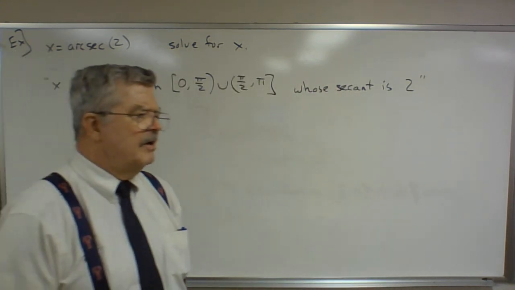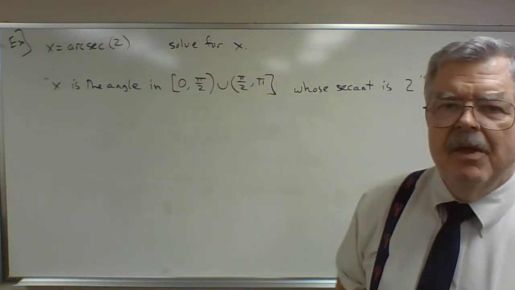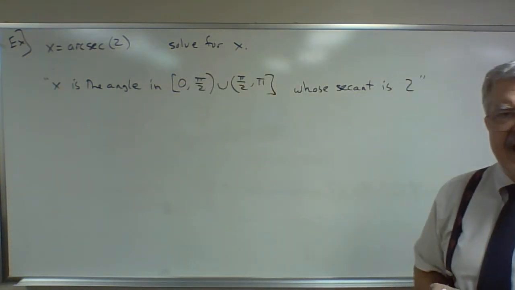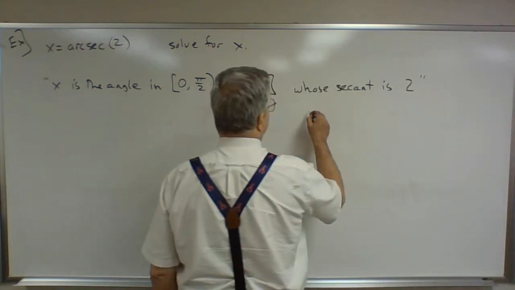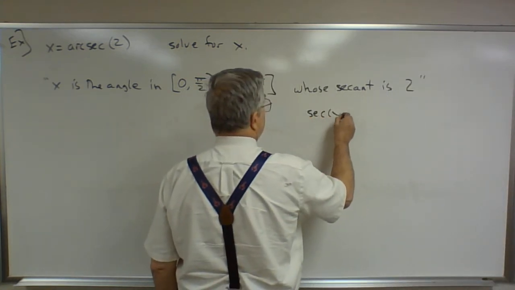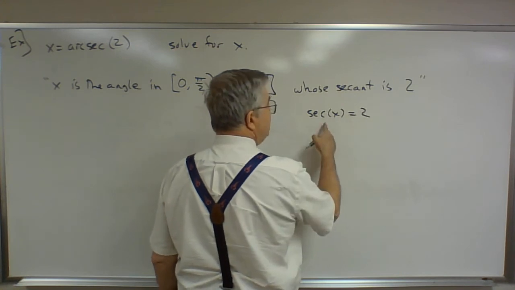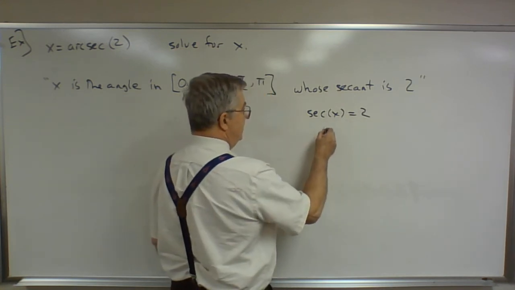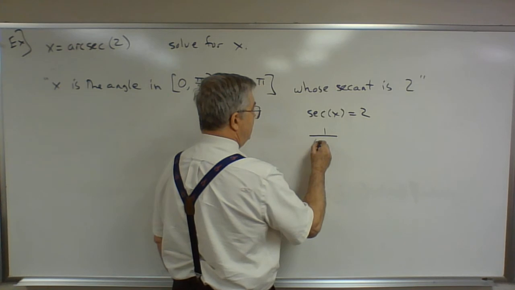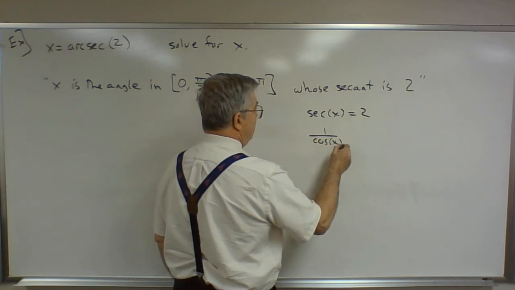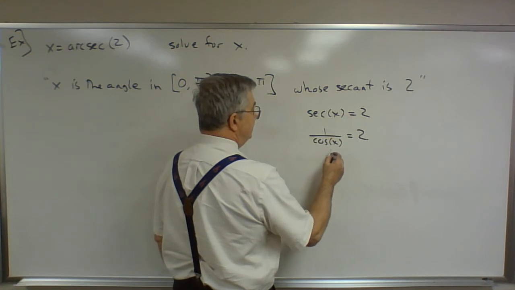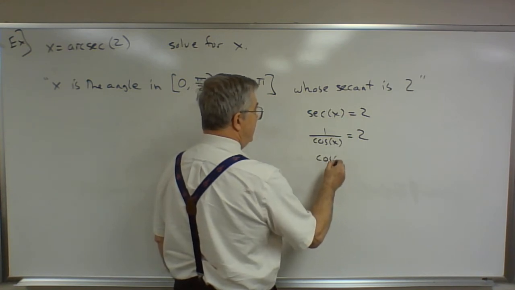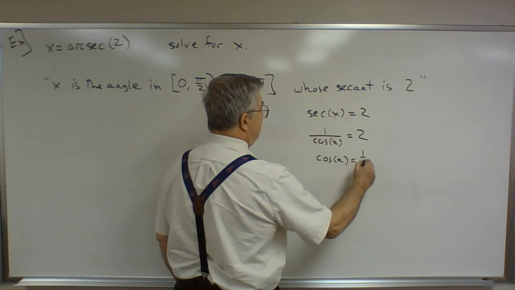Heavens to Betsy, how are we going to do this? Well, if the secant of the angle is 2, secant is 1 over cosine, right? Which means that cosine of x is 1/2.